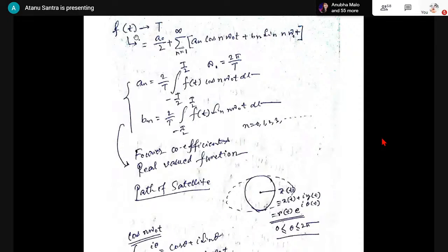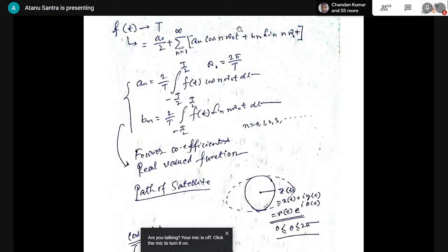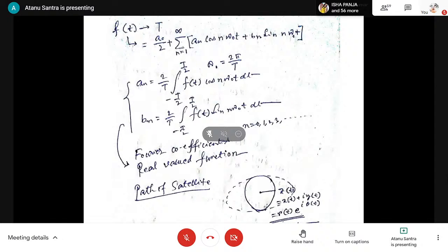ft is the function of time, the signal, the period is capital T. The Fourier expansion is a0 by 2 plus summation n is equal to 1 to infinity of this expression, right? And omega 0 is equal to twice pi by T, or twice pi f. This we have seen earlier in our previous class.